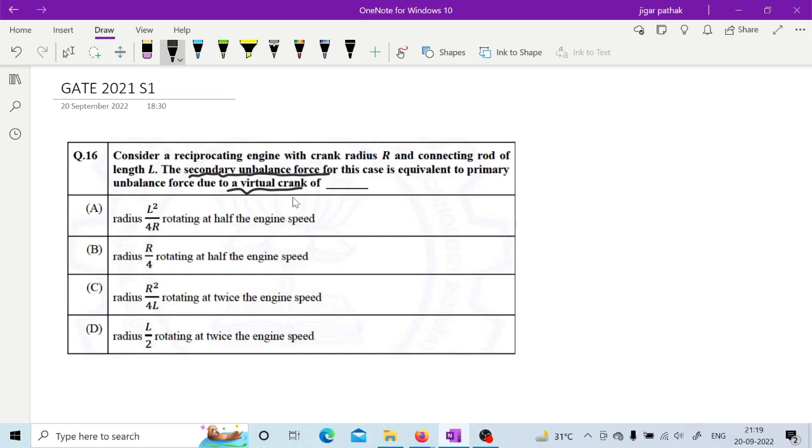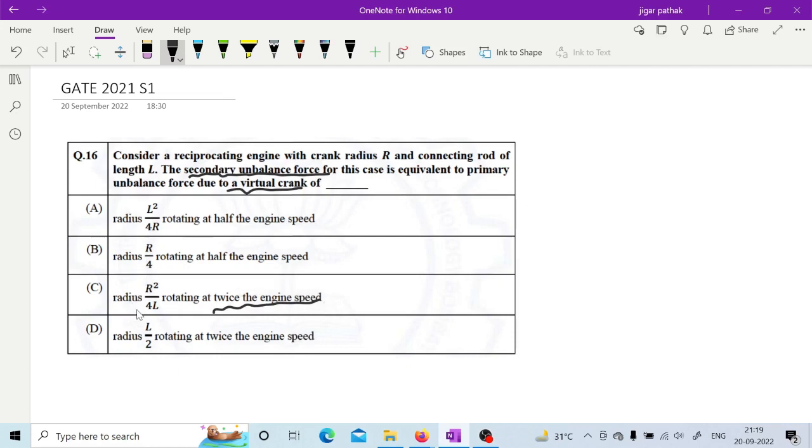No, actually we have seen that, right? The radius is r square by 4l and rotating at twice the engine speed, right? Okay, sir.